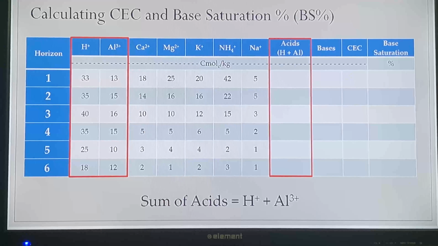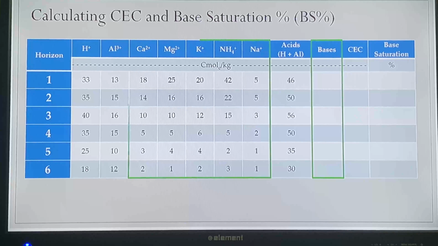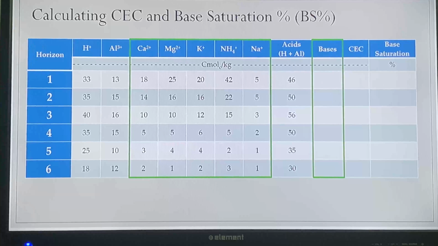$33 and $13 is $46. We do that all the way down, and we have calculated the amount of acid cations that we have in this soil. Next, we want to calculate the base cations, the bases being everything but hydrogen and aluminum.